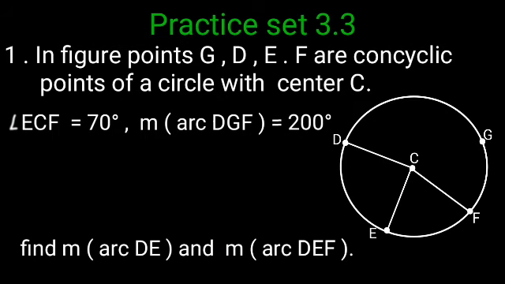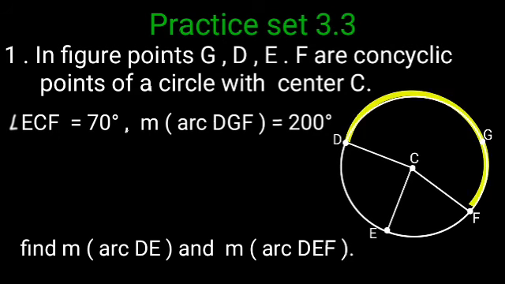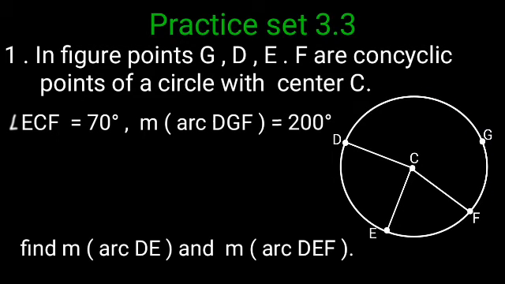Practice set 3.3. Example number 1. In the figure, points G, D, E, F are concyclic points of a circle with center C. Angle ECF is equal to 70 degrees. Measure of arc DGF is equal to 200 degrees.